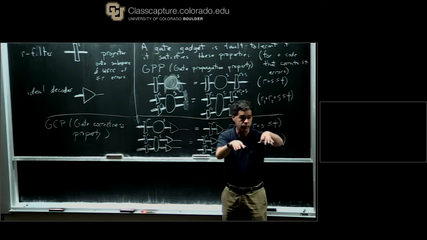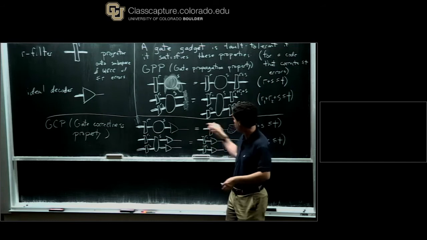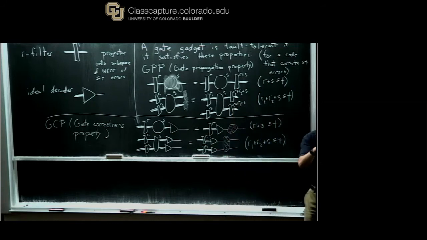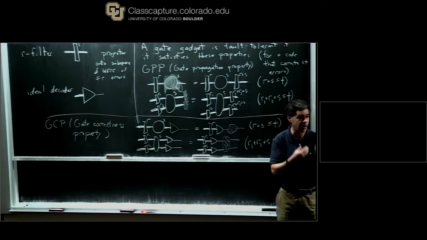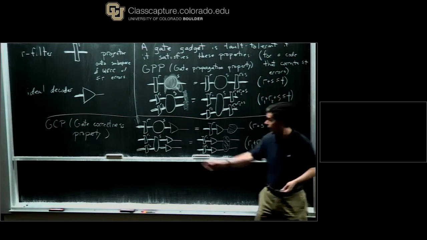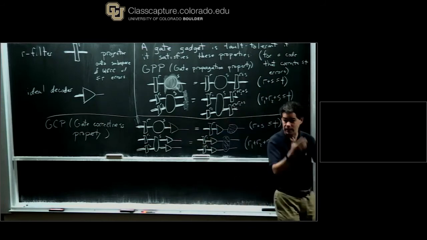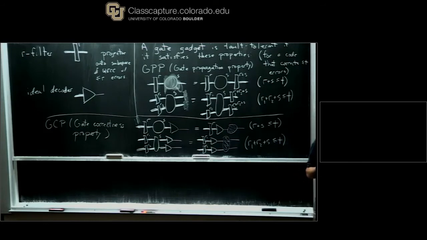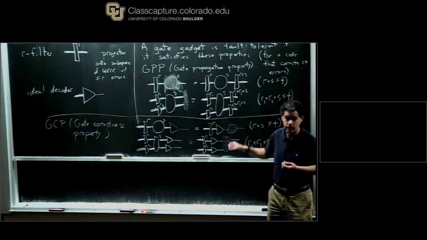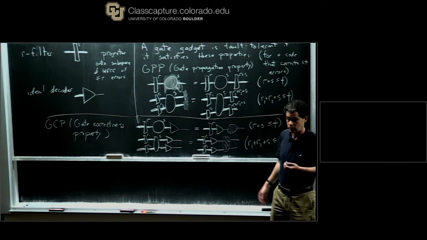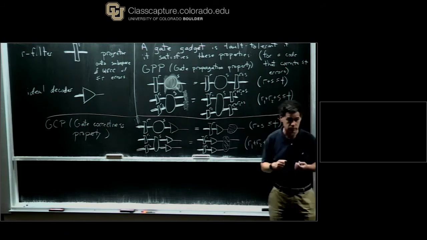So now we have at most T errors because R plus S is less than or equal to T. But the error correction procedure will correct those when we do the ideal decoder. Then we'll get back to the same code word we should have had going into this gadget. And similarly, if we decode it immediately, we'll get the same thing. And then the gate will do what it's supposed to do.